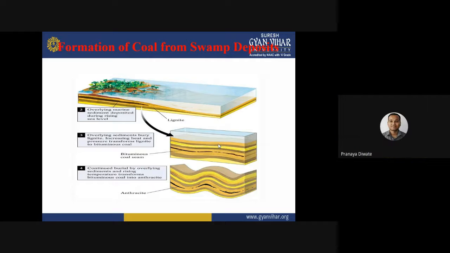Coal is a sedimentary unit which has overlying marine sediment deposited during rising sea level. Then the overlying sediment buries it. So coal is deposited mostly in a swampy basin.